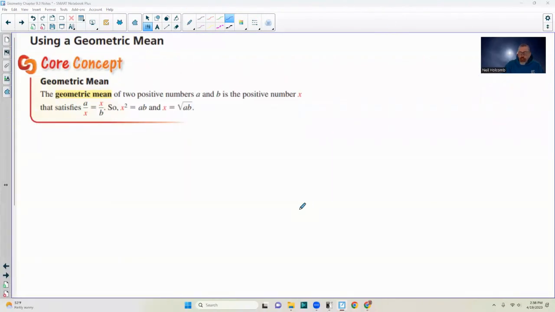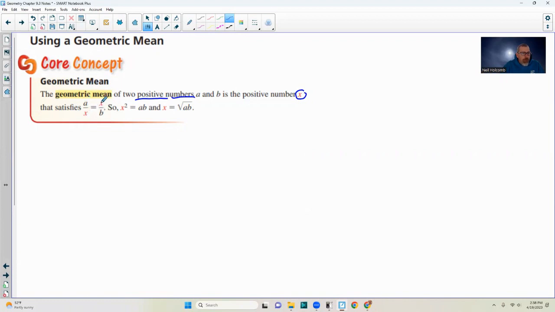Okay, using a geometric mean. Okay, so there's a new vocabulary word, the geometric mean of two positive numbers, A and B. Okay, they have to be positive numbers, A and B, is the positive number x that satisfies the ratio a over x equals x over b.